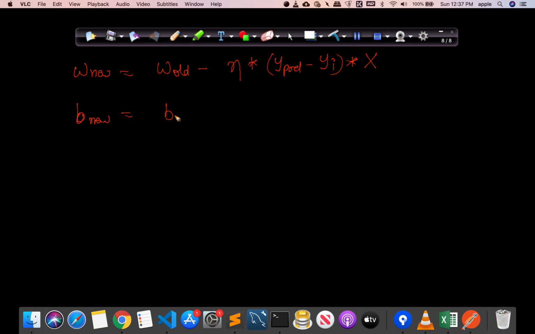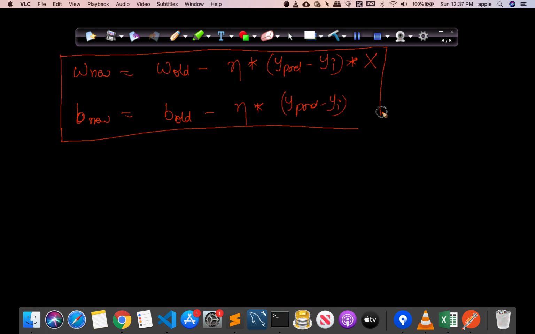And b new is b old minus the learning rate multiplied by y predict minus actual yi. So these are the update equations for w and the bias term. I think until now I have made it very clear how we will use these equations to update our w and b to find the most optimal w and b.